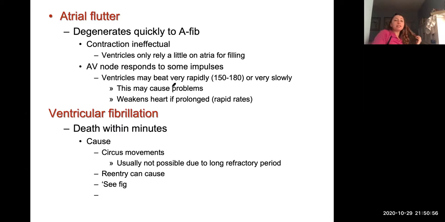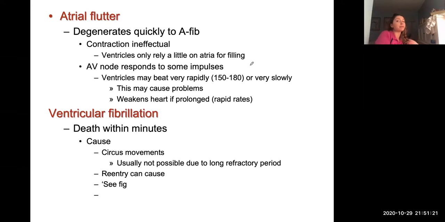So this is what I was talking about before. Atrial flutter quickly deteriorates to atrial fibrillation. The ventricles may beat very rapidly or very slowly because the SA node might be sending off such strong and fast signals to compensate that it doesn't even know what to do anymore.